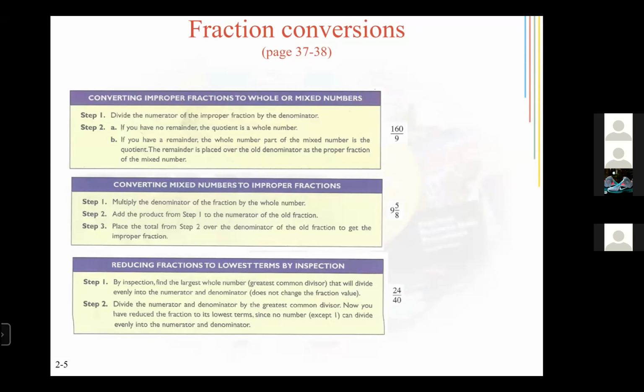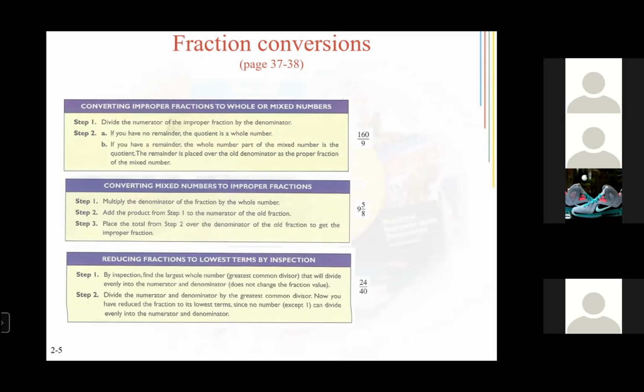I guess we could divide 9 into 160. So 9 could go into 16 once, giving a remainder of 7. Bring the 0 down. 9 into 70.